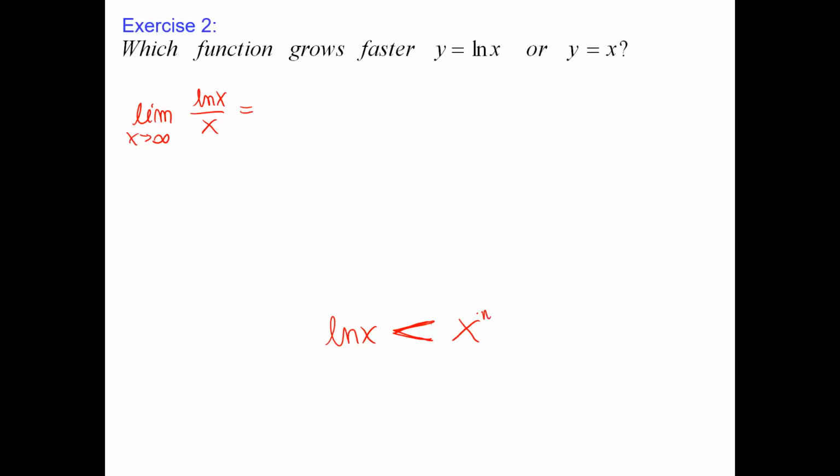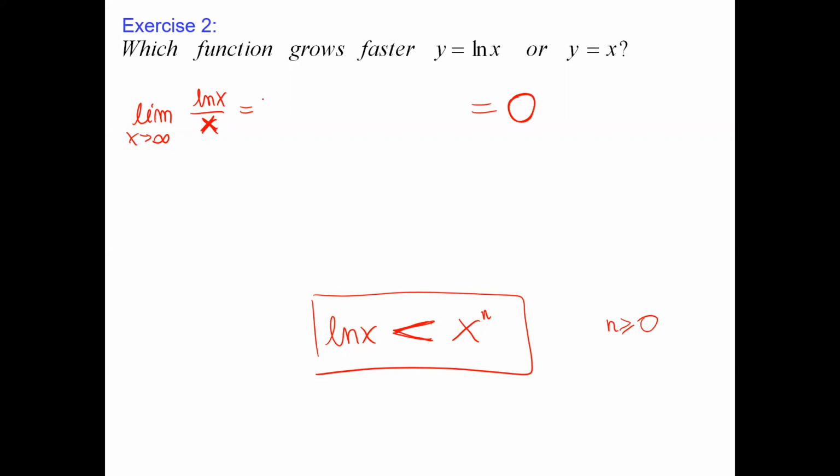I can put n. n could be any positive number. Any power. This one is 1, but even if this were square, cube, 4th, 5th degree, 10th degree, we know that the denominator is winning, so we expect this limit to be 0, based on the previous definition or just on previous knowledge.